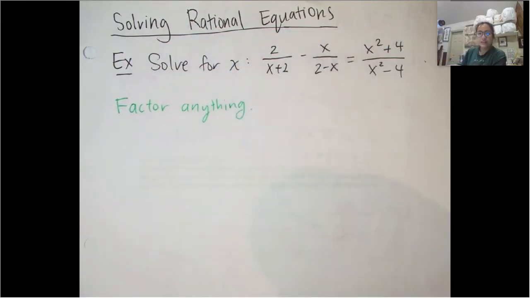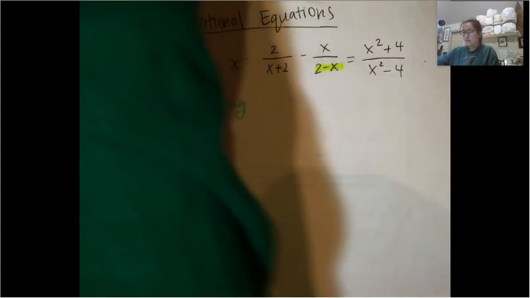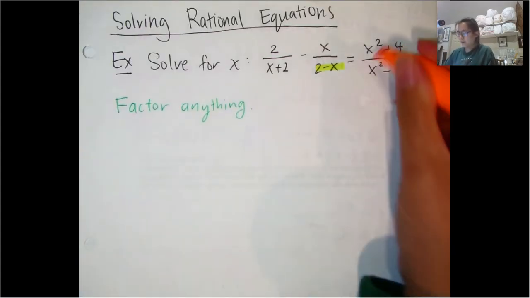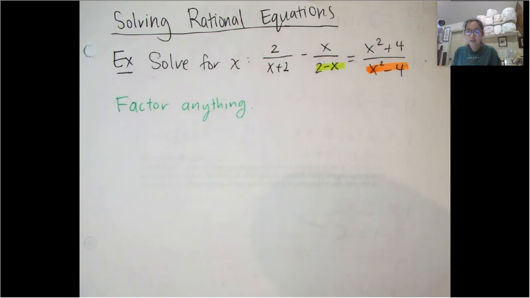You'll notice that the things that can be factored are the 2 minus x and the x squared minus 4. For the 2 minus x, you'll want to factor out a -1. For the x squared minus 4, you're supposed to recognize that it is a difference of squares, so we'll go ahead and do that.